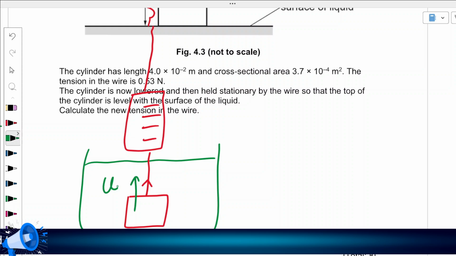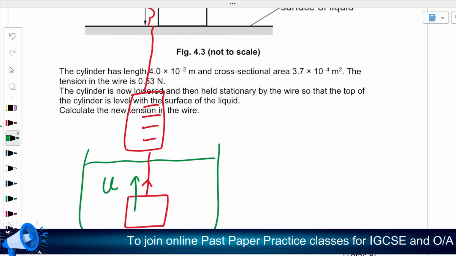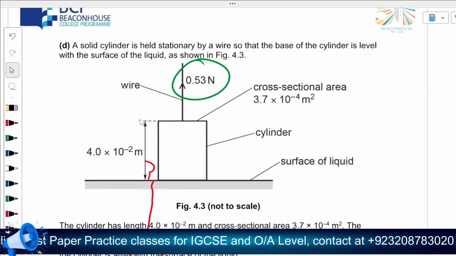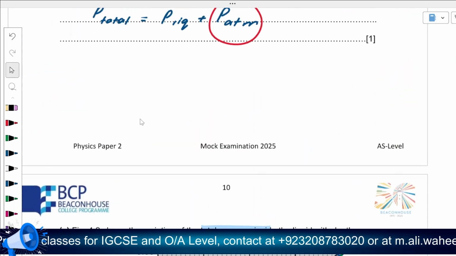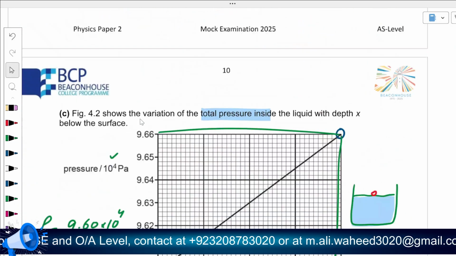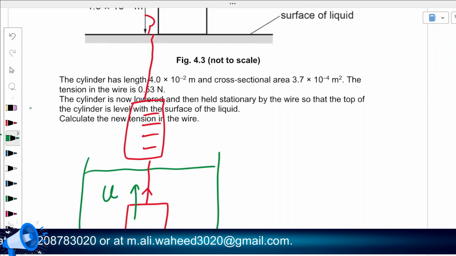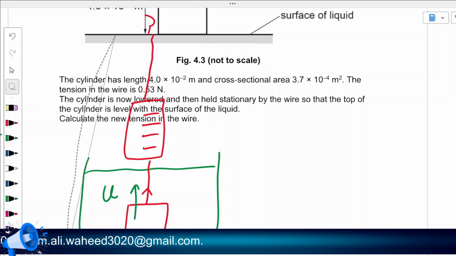And if we are able to find the upthrust, we will simply subtract that upthrust from the original tension, which equals the weight of the object, the previous one. So let us find the upthrust first.